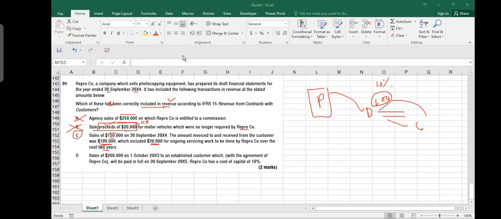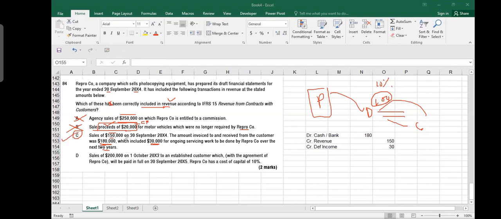In the double entry, they have said debit cash or bank 180, credit revenue 150, and credit deferred income 30. This is what they did, and this is what they should have done. So option C looks correct.